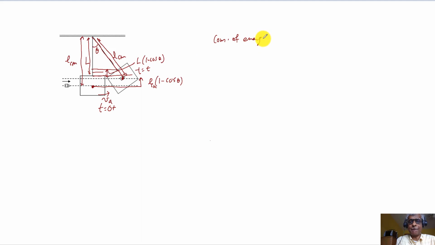In conservation of energy, the left side will be the same, V_A squared, but the right side will be 0 plus the kinetic energy, and this would be, in actuality, m g L_CM(1 minus cosine theta).